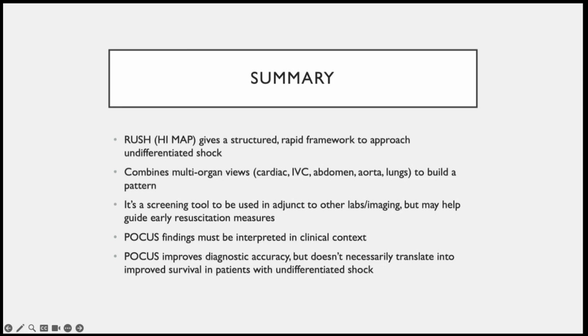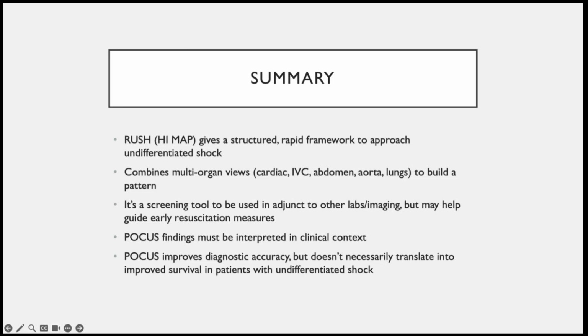This exam combines multi-organ views of your heart, your IVC, your abdomen, aorta, and lungs to build a pattern and help you rule in and rule out different causes of shock in your patients. This is a screening tool to be used as an adjunct to other labs and imaging, but it can help you guide early resuscitation measures in your patient.